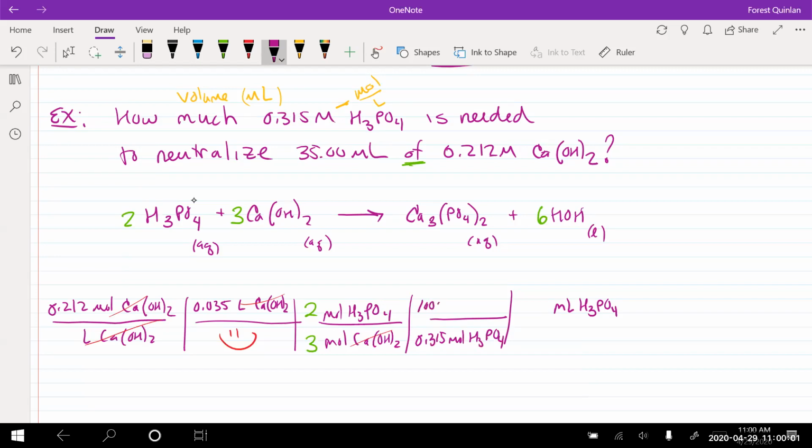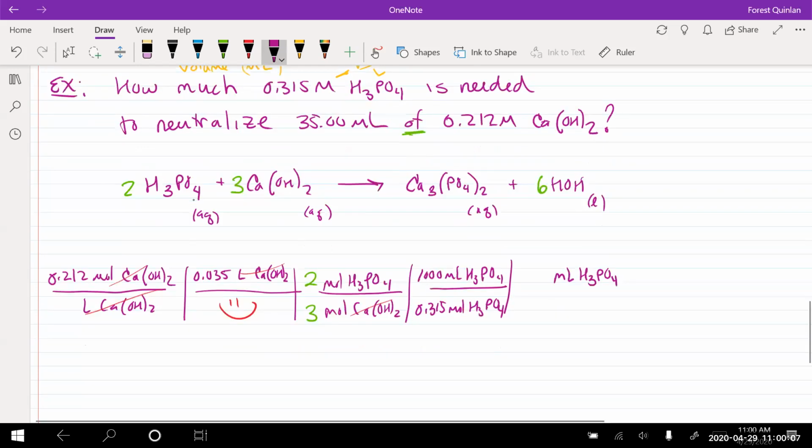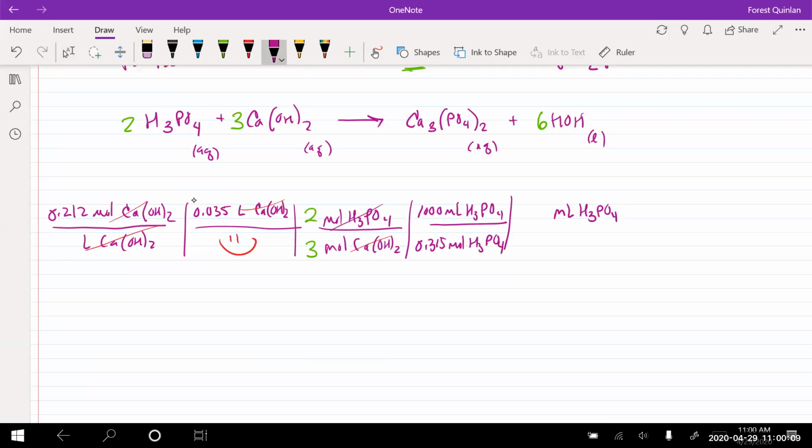And I'm going to go ahead and say 1,000 milliliters of H3PO4 here. Because that's now going to get rid of my moles and leave me with the milliliters I wanted. And I believe it is 15.70 milliliters of H3PO4.